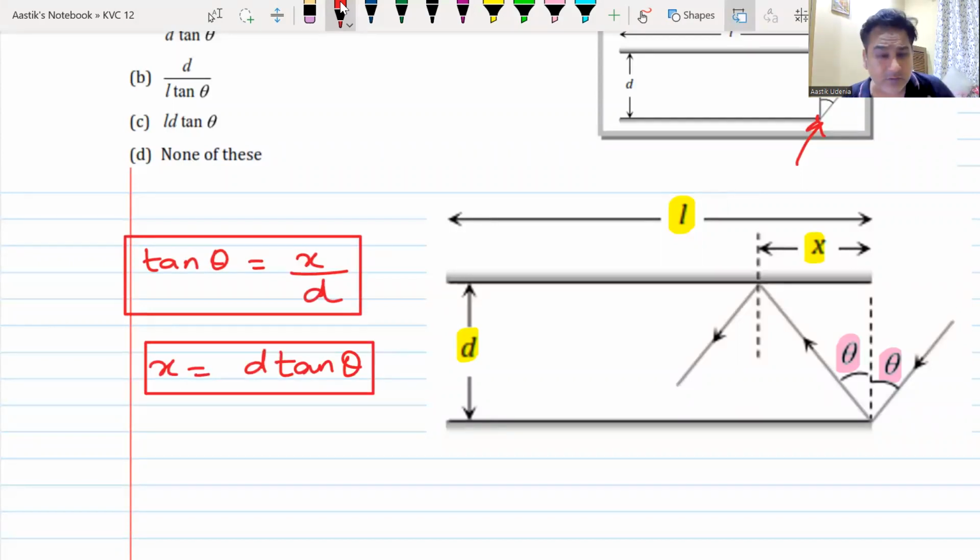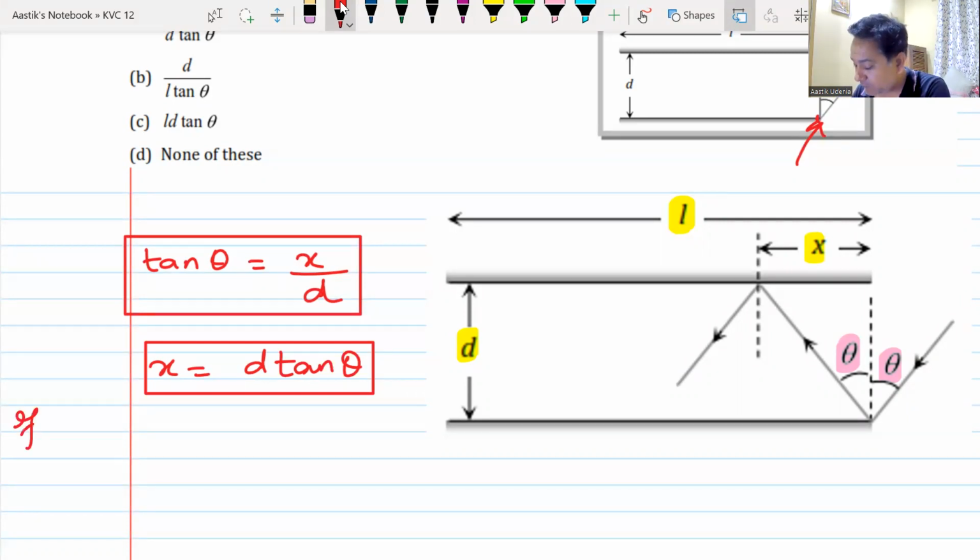I had to find out how many reflections are going to take place. In one reflection, my dear friends, it is traveling a horizontal distance of x. L by x.